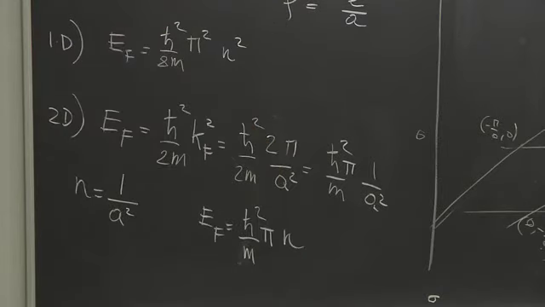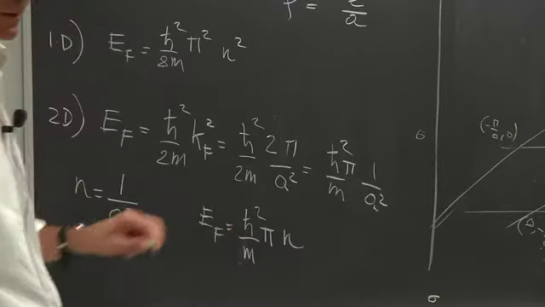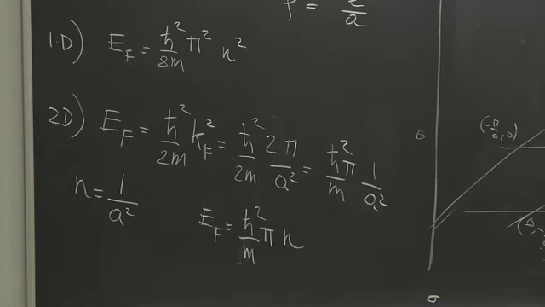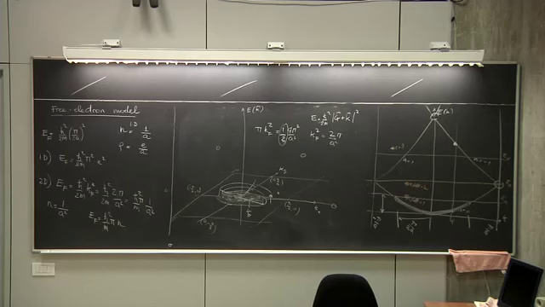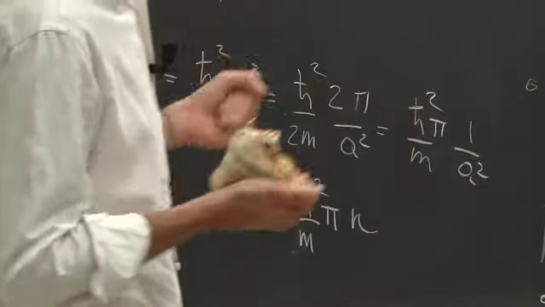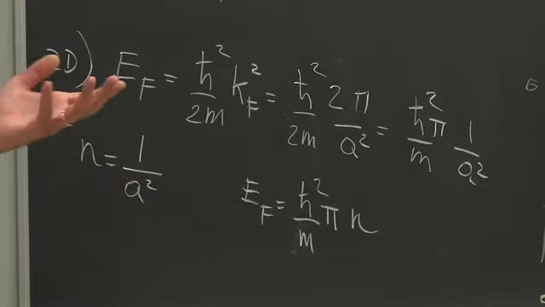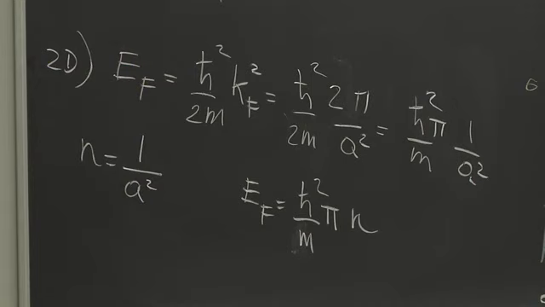Interesting. It depends on the density now linearly, not like the square. And again, the result is, of course, more general than that, because the electrons don't know about the existence of the underlying lattice, so this result must be true regardless of what is the number of electrons per unit cell.